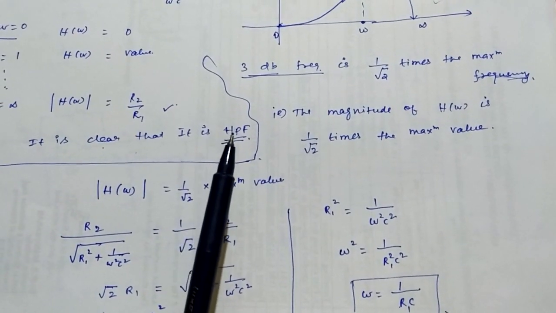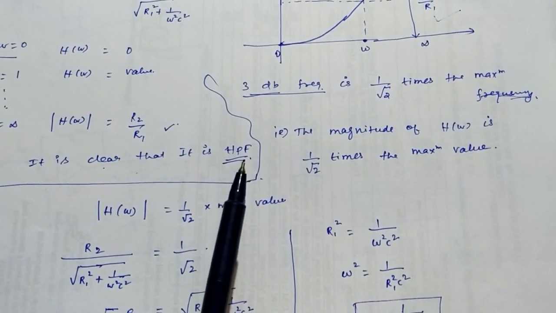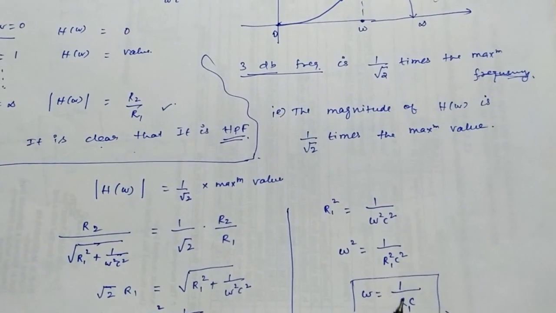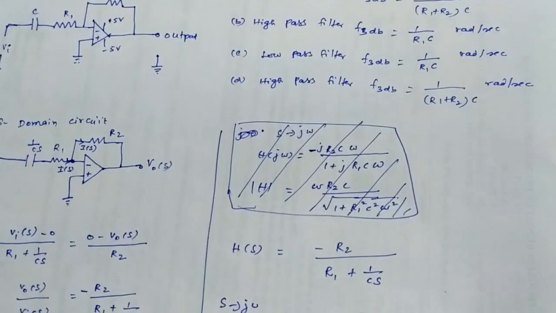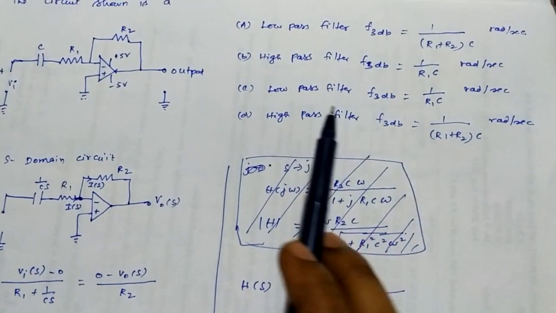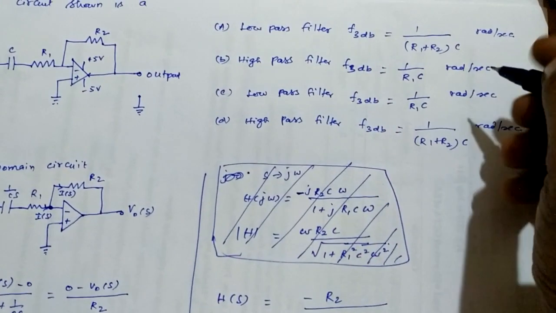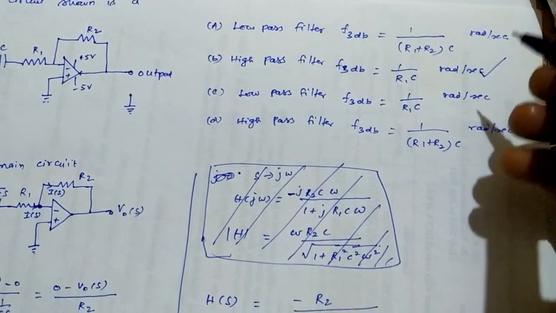So we previously concluded that it is a high pass filter, with the 3 dB frequency 1 over R1C. So the choice is high pass filter with a cutoff 3 dB frequency 1 by R1C. So this is the answer.